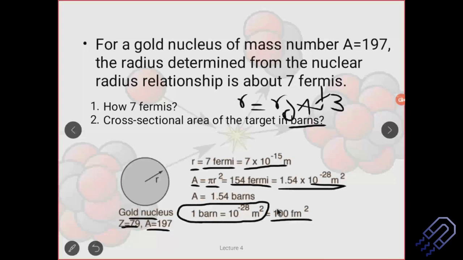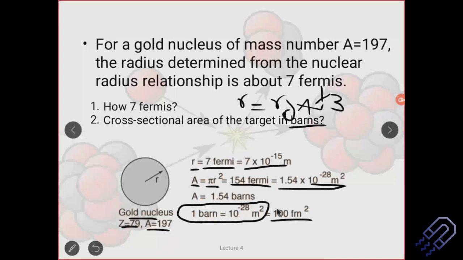If an alpha particle hits the target at a very slow speed, the change in its path is going to be much more. If it is coming very fast, the interaction time is less. If it's coming slow, the interaction time is more, and that means the deflection will be greater.